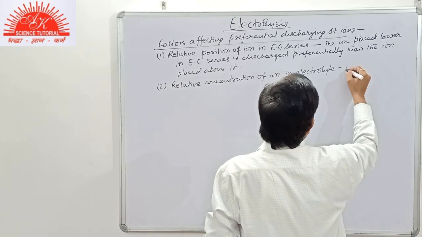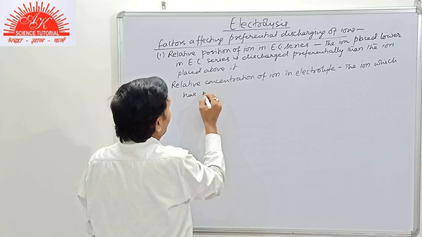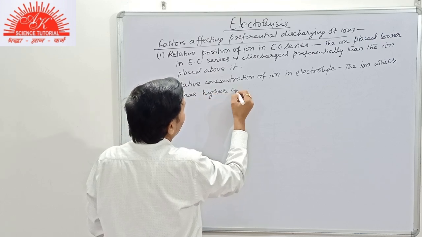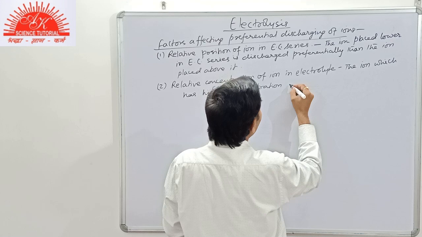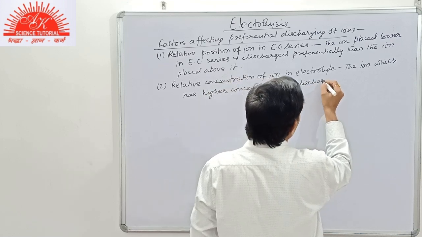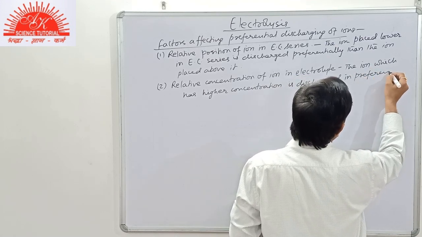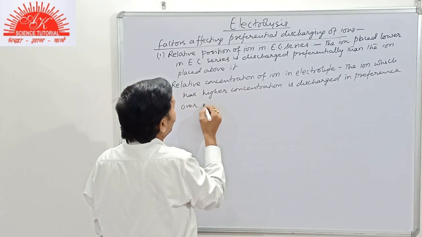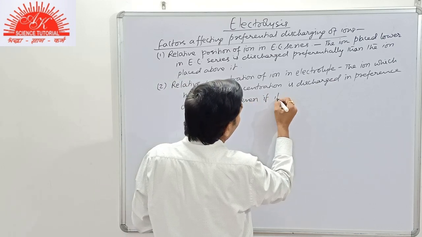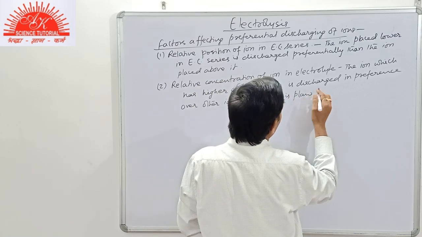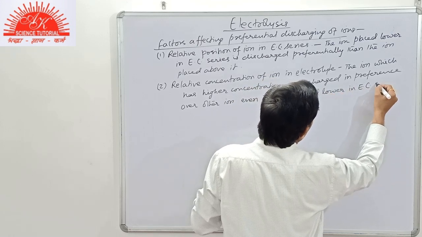That is, the ion which has higher concentration is discharged in preference over the other ion, even if it is placed lower in the electrochemical series.